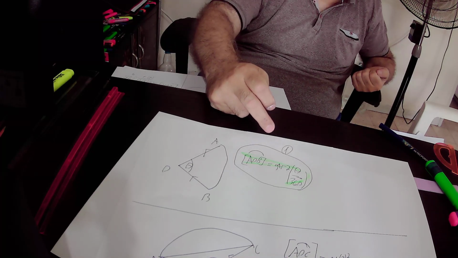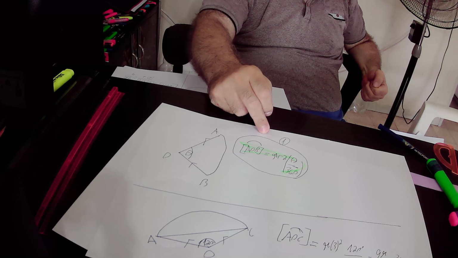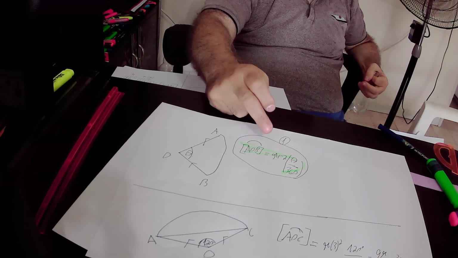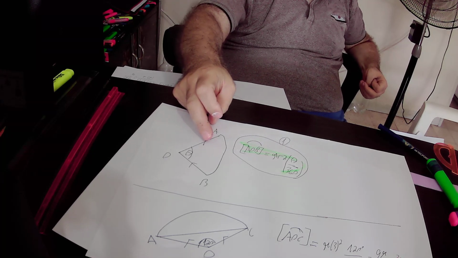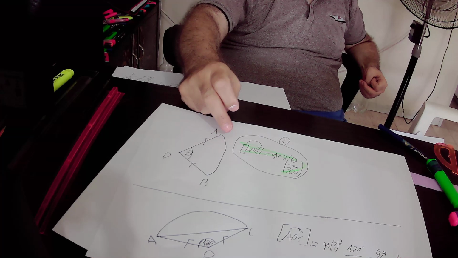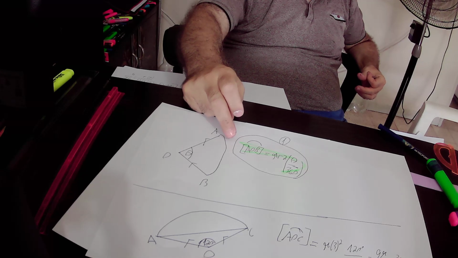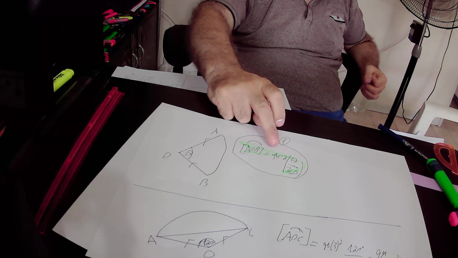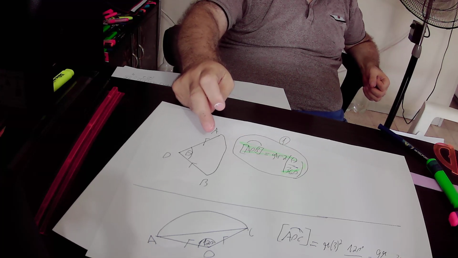Theta over 360 degrees gives us the ratio, that is the percentage that this sector occupies out of the entire circle, and when we multiply this percentage by the area of the entire circle, we get exactly the area of this sector.